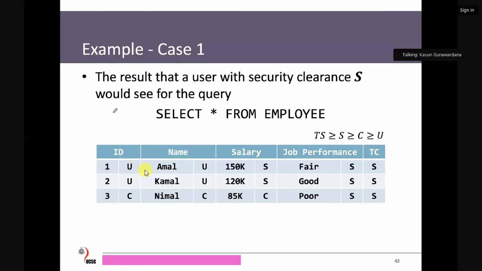So let's look at the result that a user with security clearance S, secret, right, would see for the query. So a user with security clearance S now issues this select asterisk from employee query, which means extracting everything from the table employee. So that will bring all the data in the table, right?